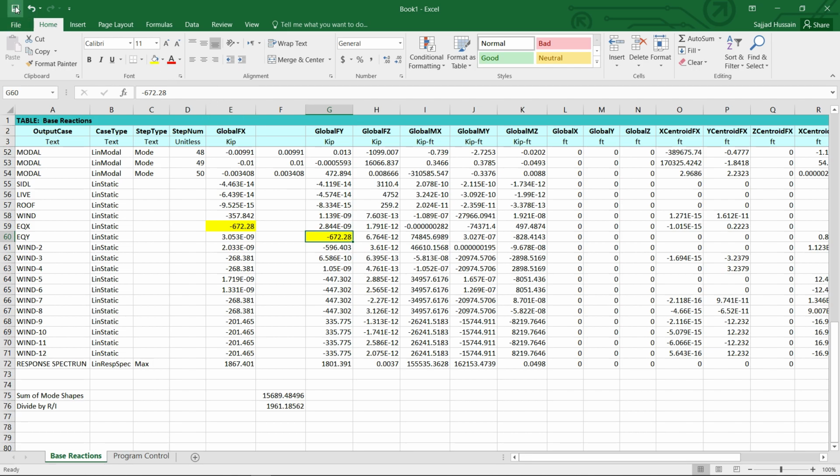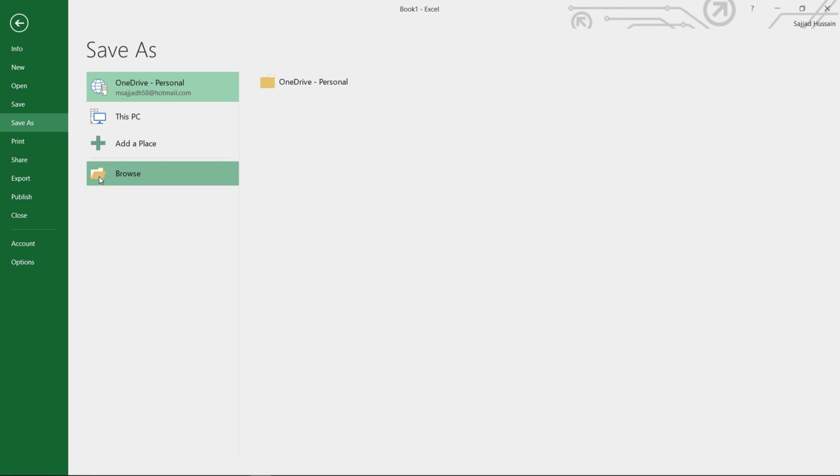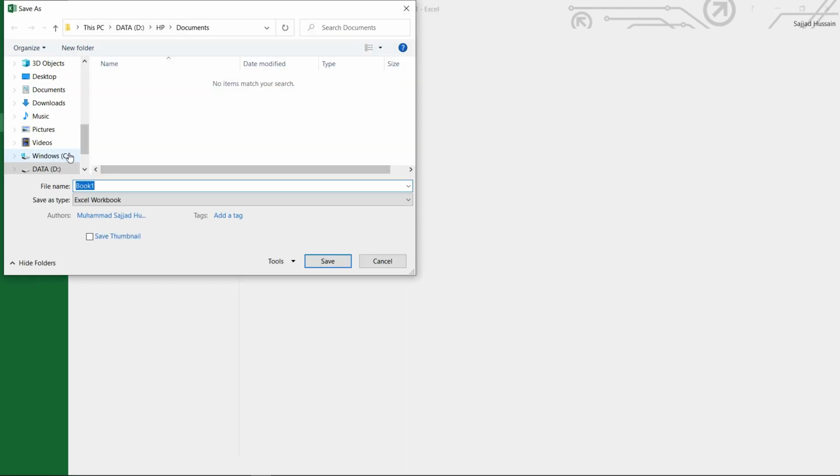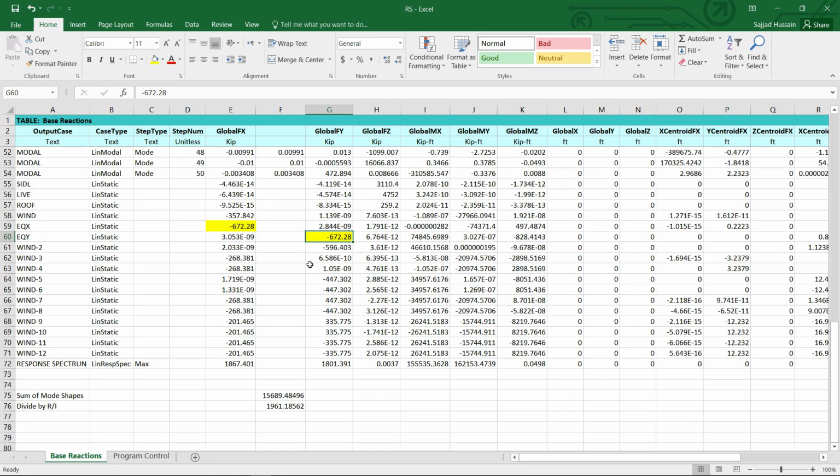Let me save this file. But now if we compare this value, or this value 1867, which is calculated by SAP, this is almost 3 times higher. So what we have to do? We have to scale it down.